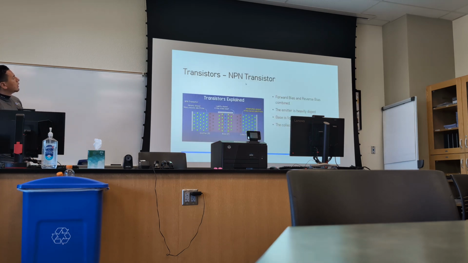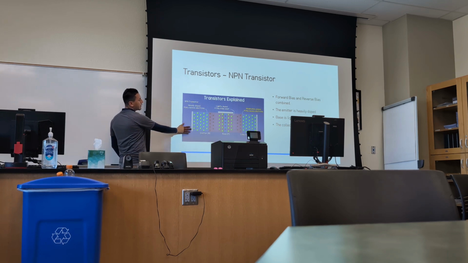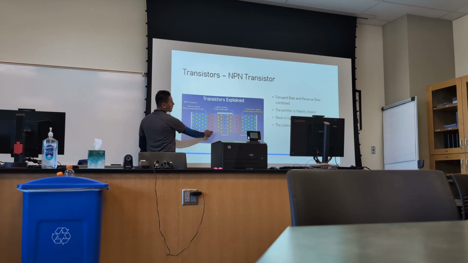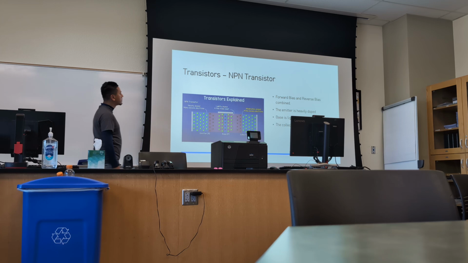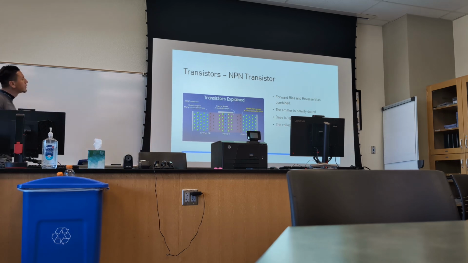So this is where transistors come in. The more common one is the NPN transistor, which has an n-type semiconductor, a p-type semiconductor, and an n-type semiconductor. Practically the same thing happens here. We have the emitter pin, I'll show you guys that in a little bit.